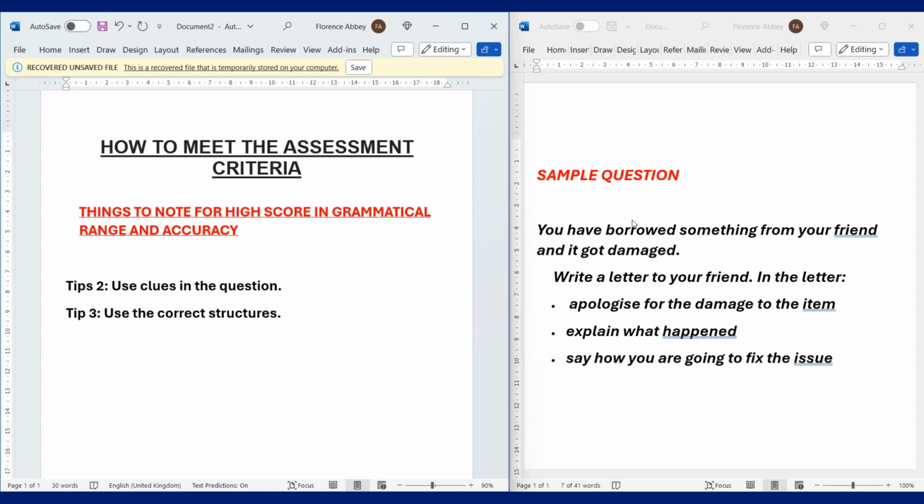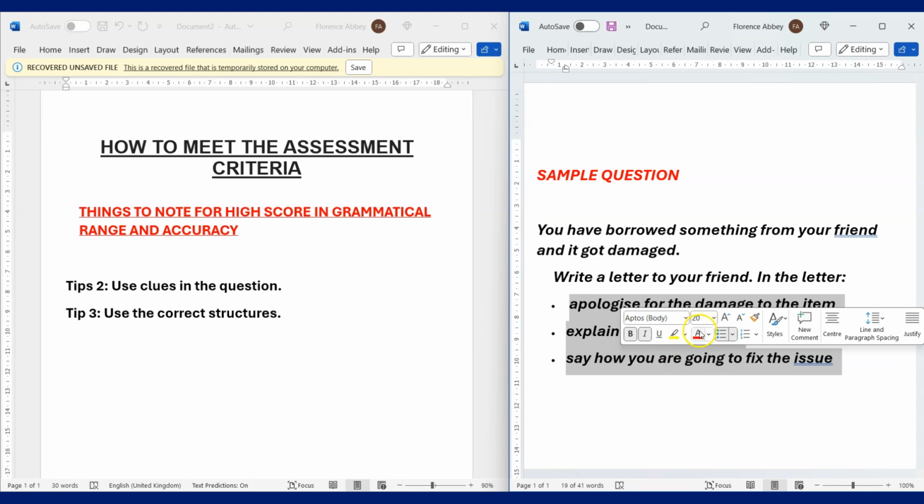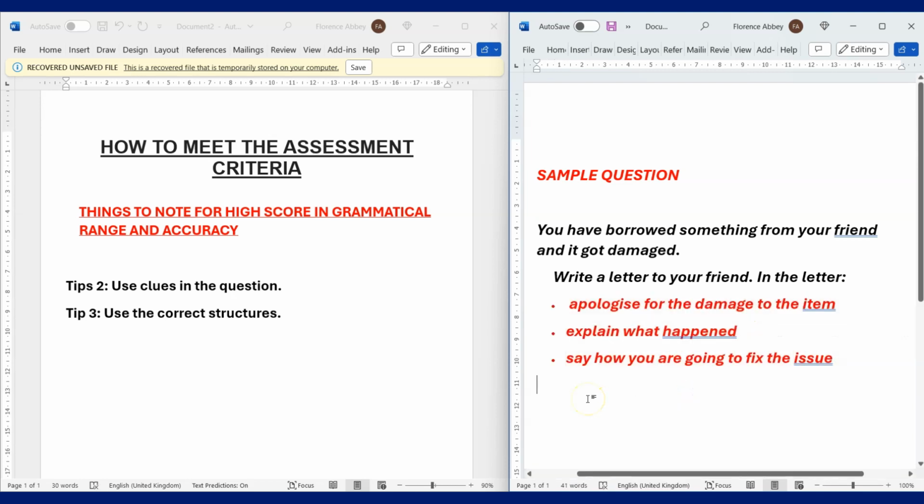The correct verb tenses in the letter are very important and you must use them rightly. So you need to identify the tenses found in the 3 bullet points, and they have to correspond to the paragraphs of the letter.